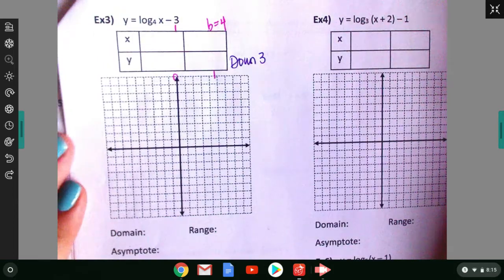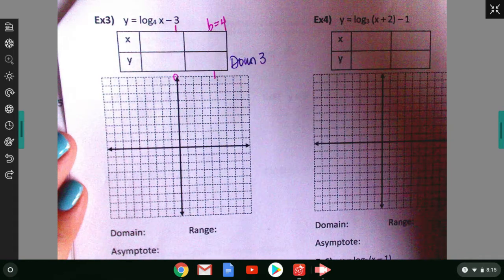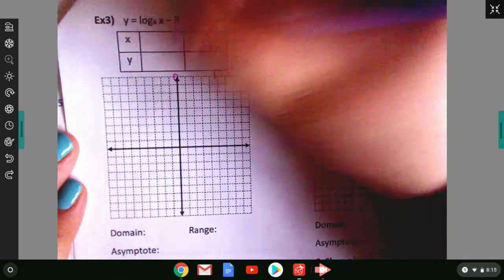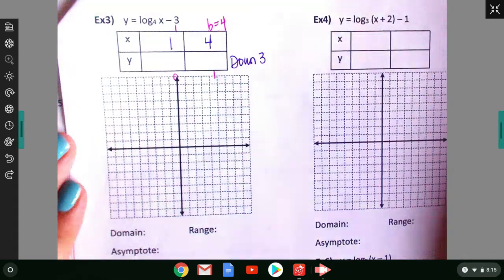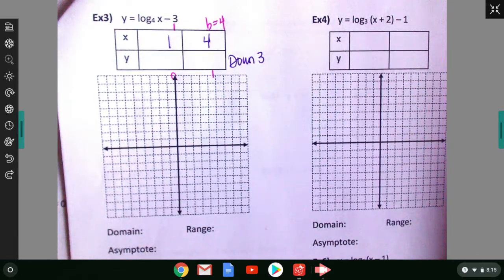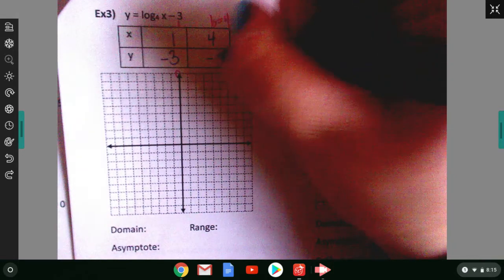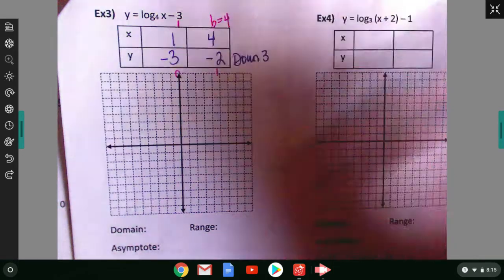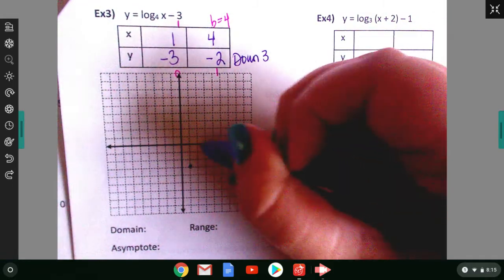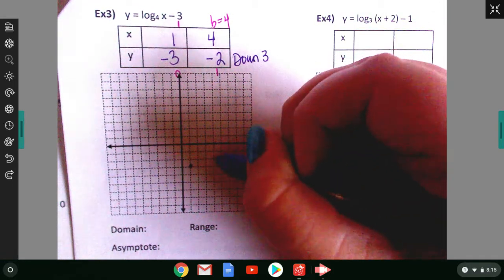And that'll affect the y's. The x's won't get affected at all, so they're going to stay 1 and 4. The y's, however, like we said, will go down 3. So we'll go 0, minus 3, 1, minus 3. Then we've got our points to plot: 1, negative 3, 4, negative 2.